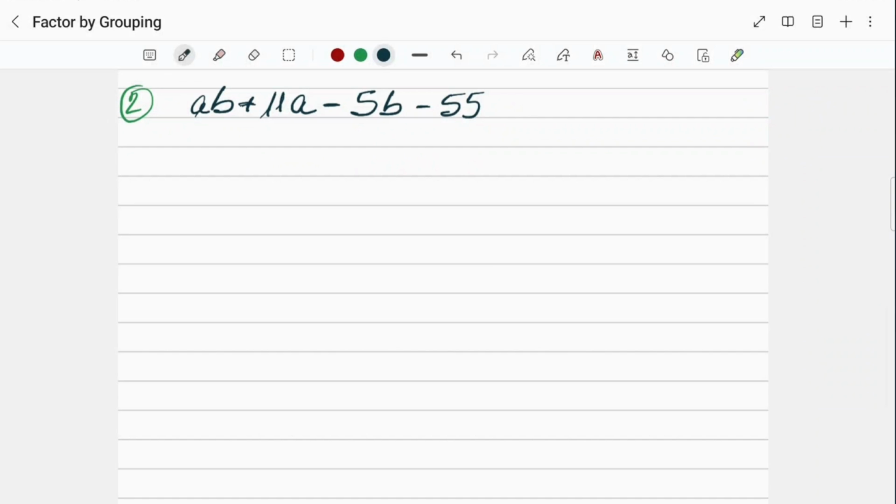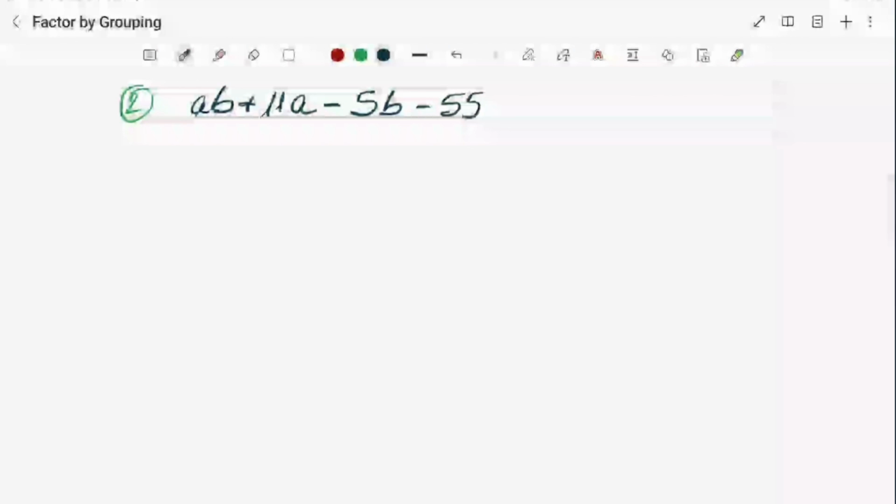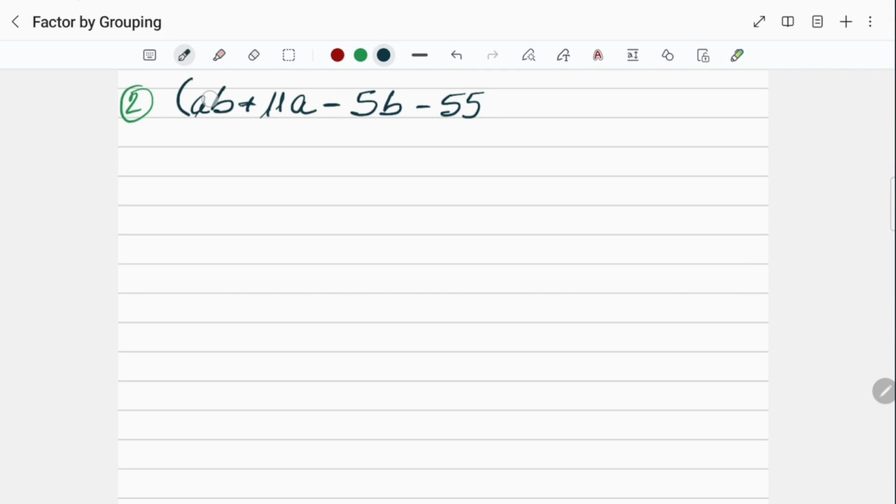Then pay attention right here, because when I group my first two and my second two, be careful right here with my second parenthesis. This sign that we have right here changes everything if I put it in front of the parenthesis.